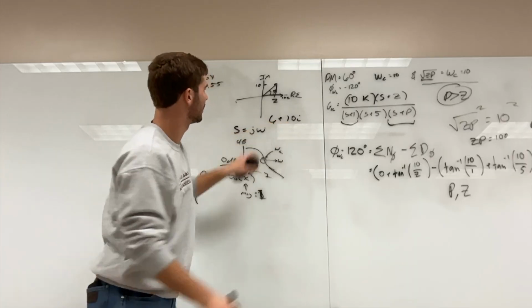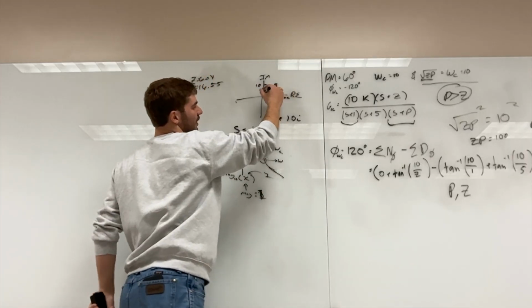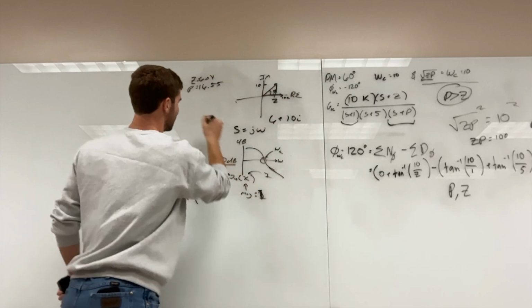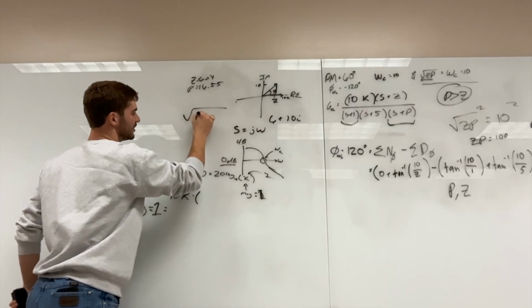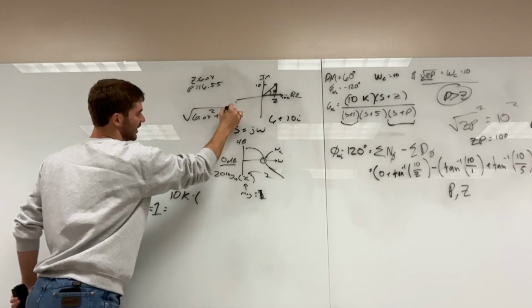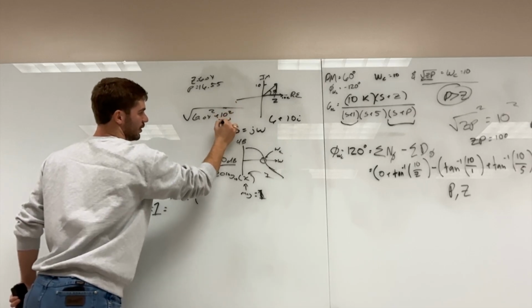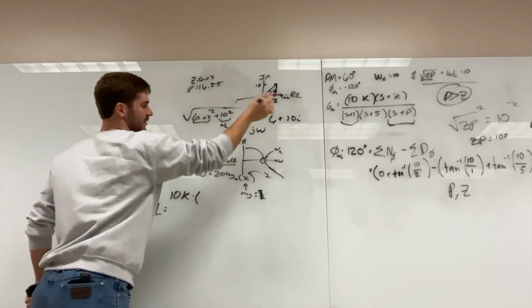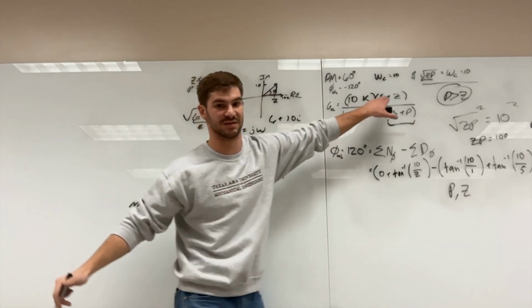So this is our vector, and we can just do the Pythagorean theorem to get the magnitude, which is the square root of 6.04 squared plus 10 squared, where 10 is omega c.